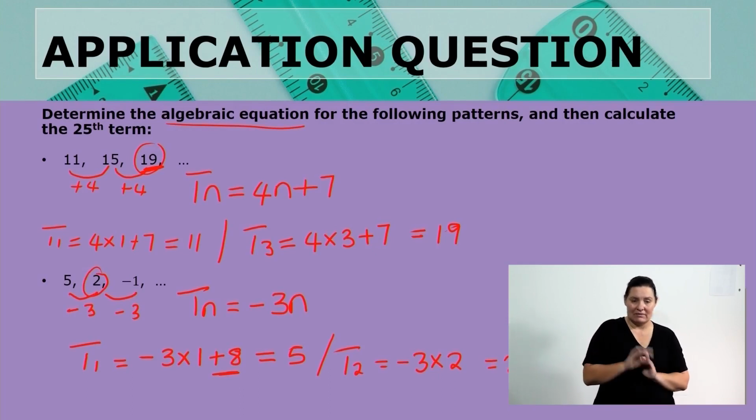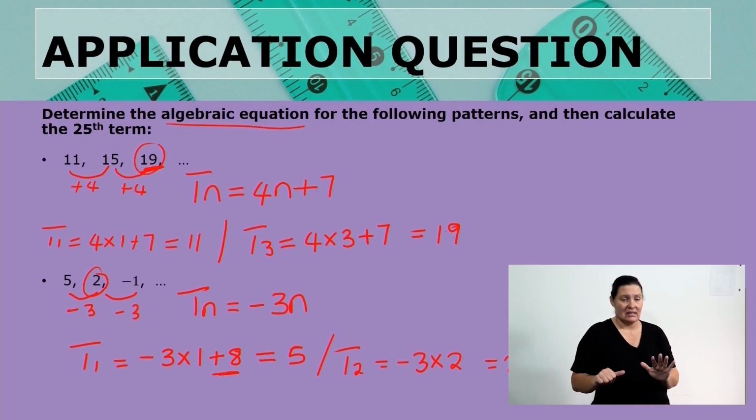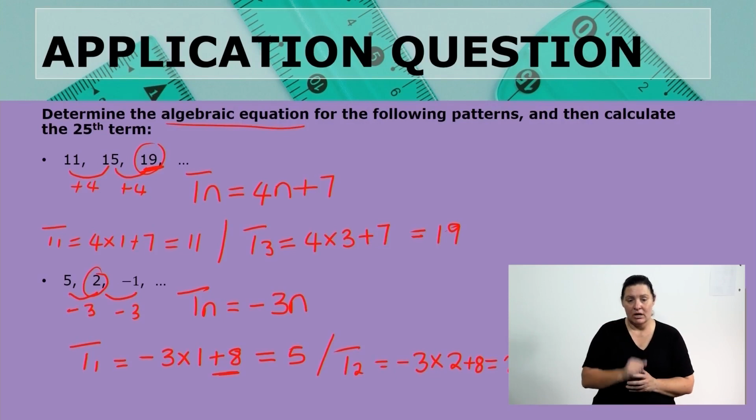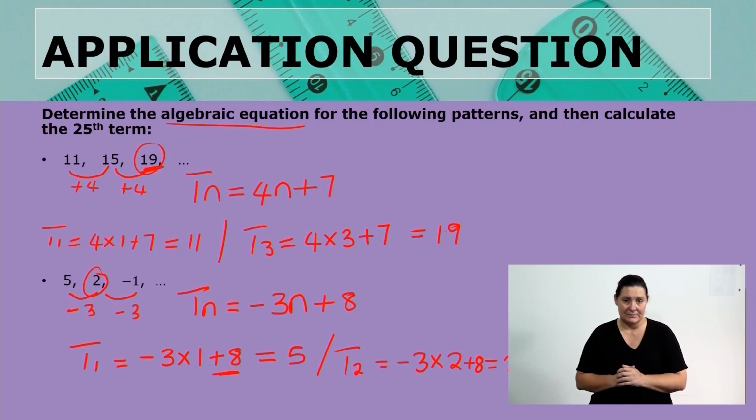So what is negative 3 multiplied by 2? We know that is a negative 6. And then how do I get to a positive 2? Yes, you are correct. We are going to add 8. So this means that my formula is going to be Tn equals negative 3n plus 8.